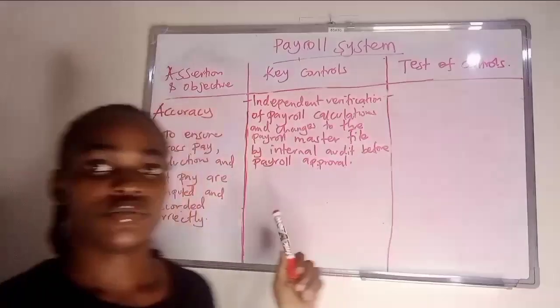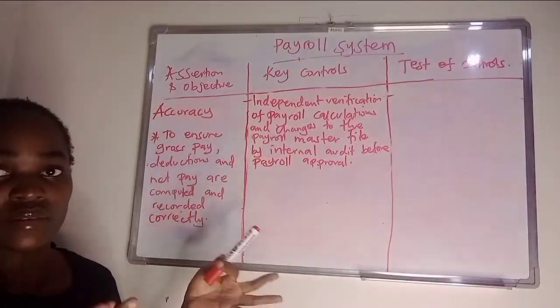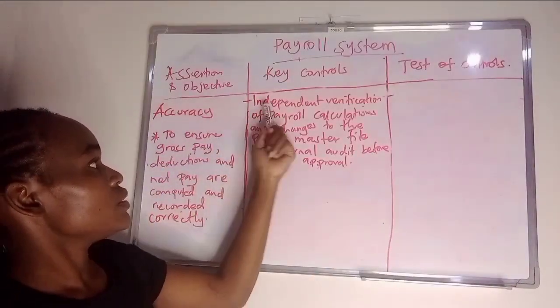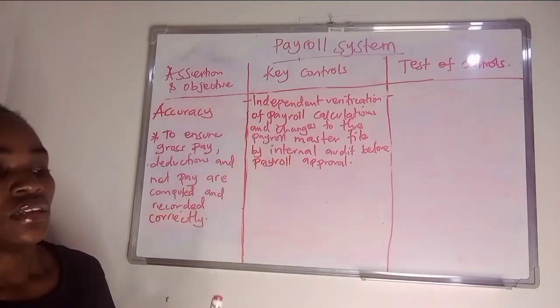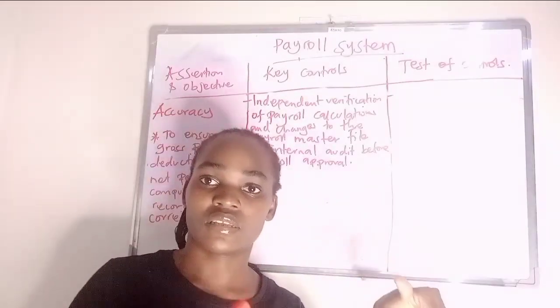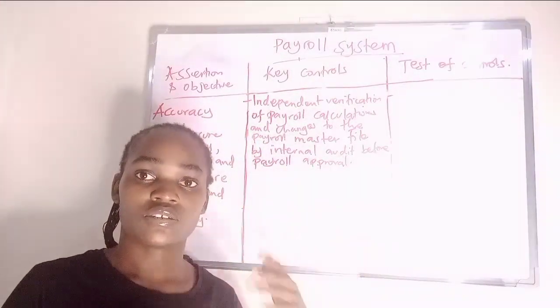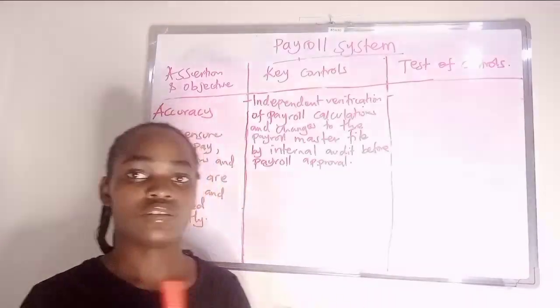So the first control we have here that can be used to ensure accuracy is independent verification of payroll calculations. You get someone else who didn't prepare or compute those calculations to go through and verify whether they are correct or not.